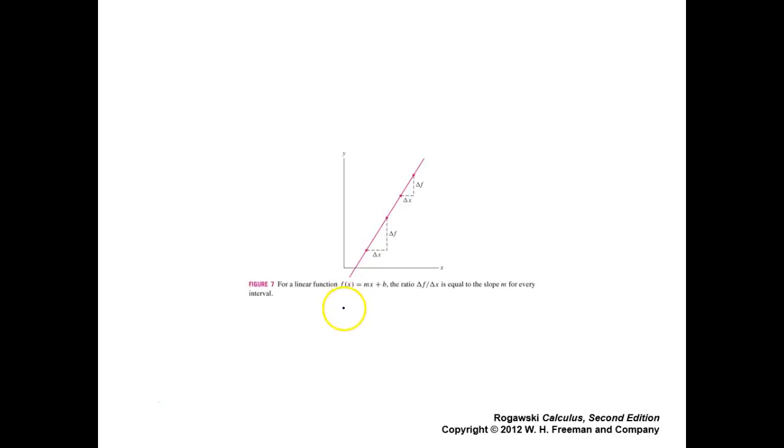Let's pick 2 points here, x0 going to x1. Okay? So that would be alpha x1 minus alpha x0 divided by x1 minus x0. Right? That would be your additive vector.